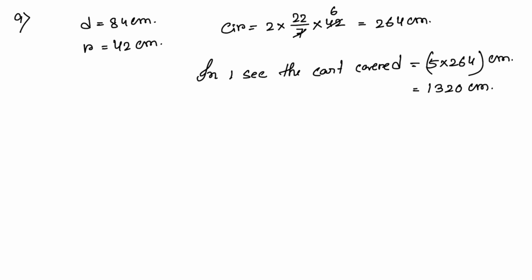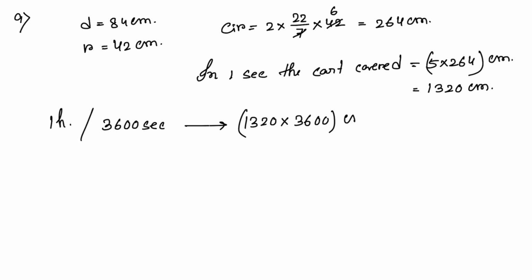Now you have to find the speed in kilometer per hour. In 1 second it covered 1320, so in 3600 seconds, because 1 hour is equal to 3600 seconds, the distance is 1320 into 3600 centimeter, which equals 4752000 centimeter.